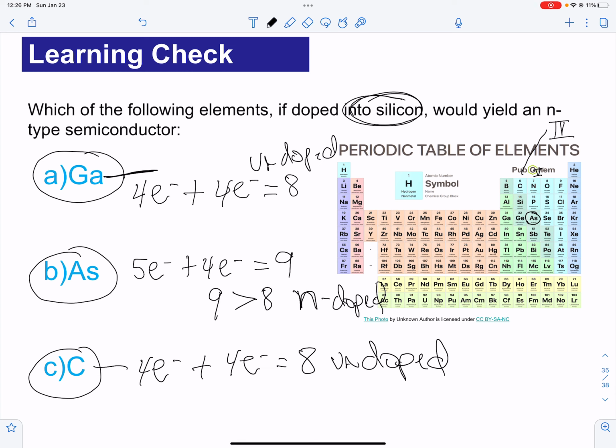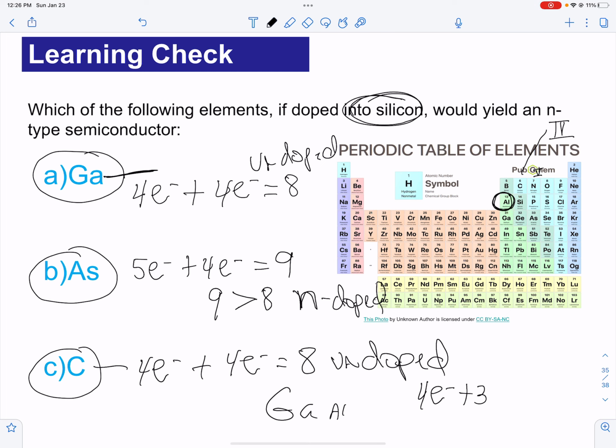What would be an example of a positive dope? Well, you can probably take aluminum and add it to gallium. So if I have gallium doped with aluminum, gallium will have 4 valence electrons.